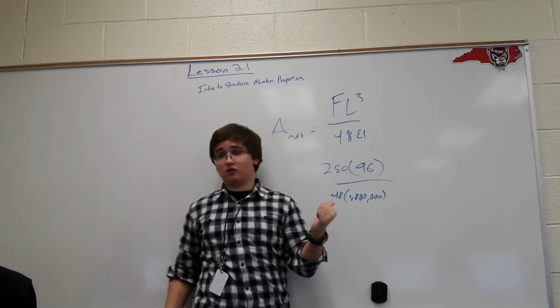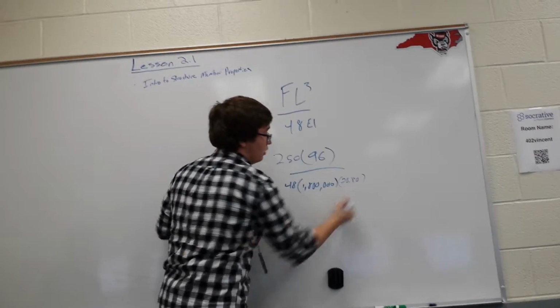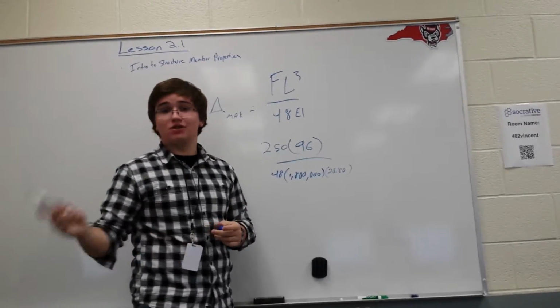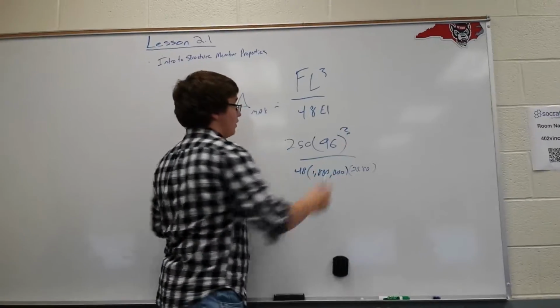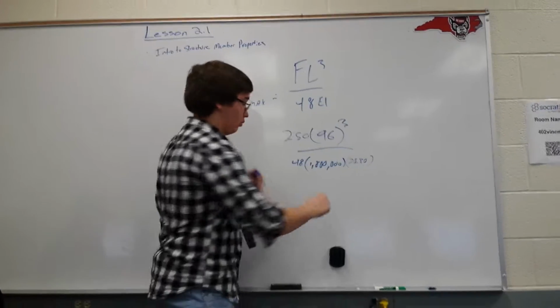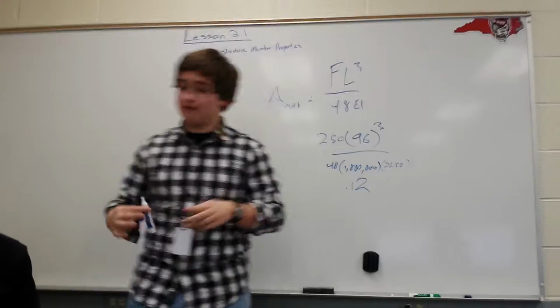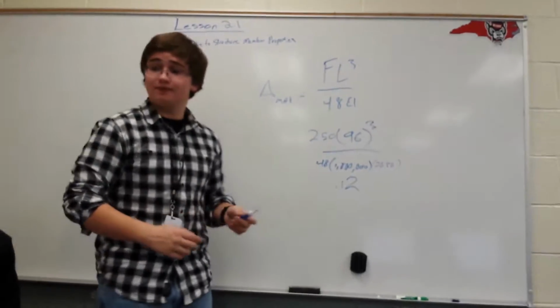In this case, it's 1,800,000, and then 20.80, which is what we got. Cube the 96. 96 inches is given to you. That's the length. Cube it. And then altogether you get 0.12. And that's the same for anything. That's the same formula every time. And that's it.